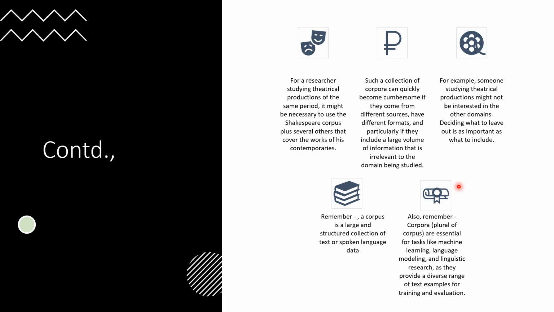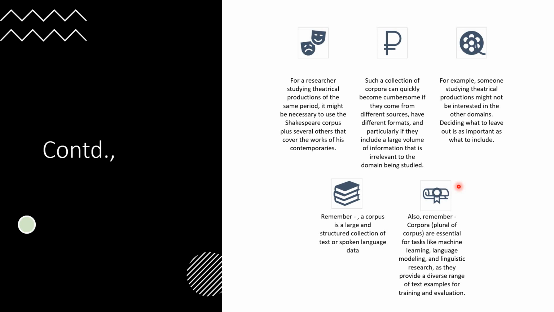Now that collection is definitely going to be troublesome, definitely cumbersome to manage if they are coming from different resources, because they could be in different formats, and if they are really large in size, that's going to be really tough. It becomes really cumbersome for people to handle if irrelevant information is also included there.